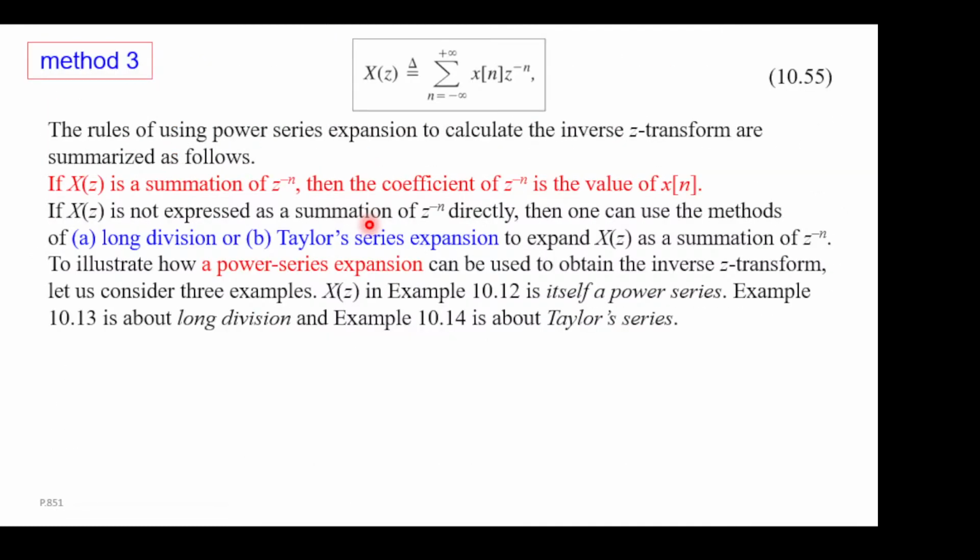That's because remember your X(z) is this sum of x[n] times z to the minus n. So this is actually just a power series of z to the minus n. So if you can just write your X(z) in this form, then you can just read your x[n] from here.